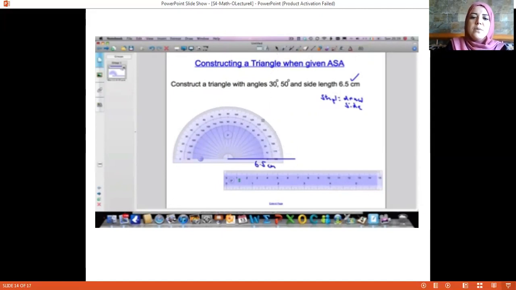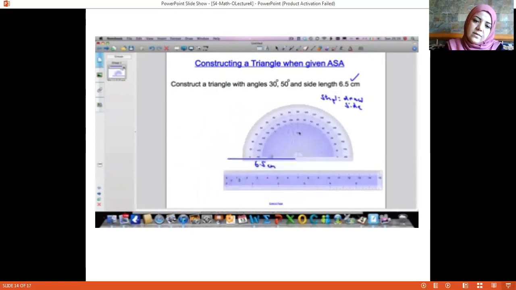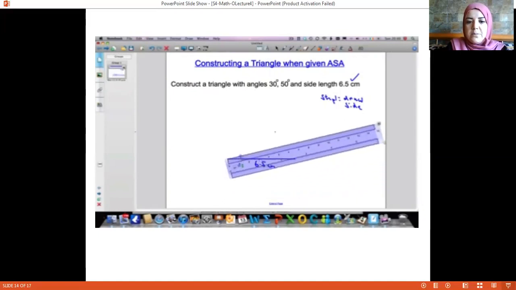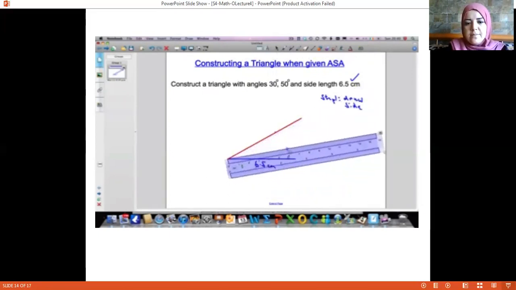Okay, so we remove now the protractor. To join the line with the point, the end points. This is step 2. You can extend the line as much as you want. You already know this.